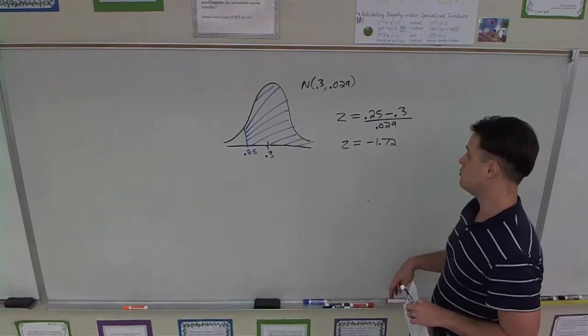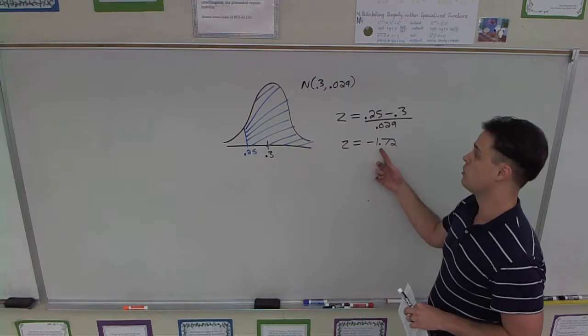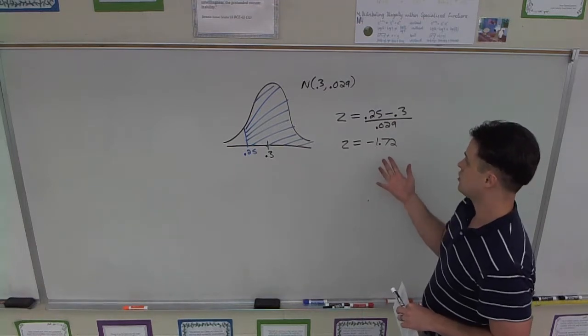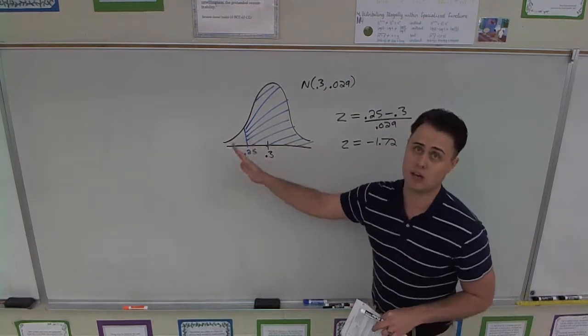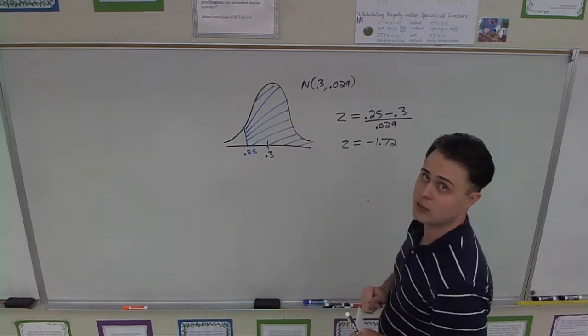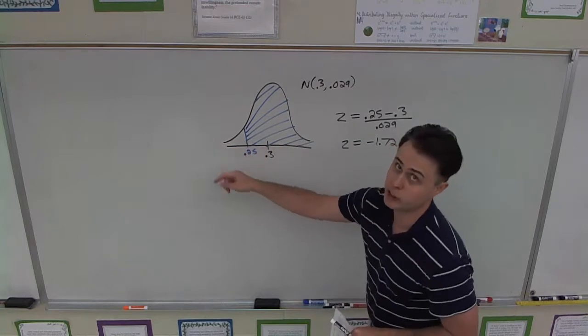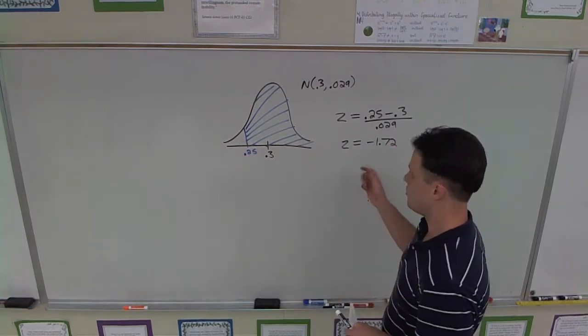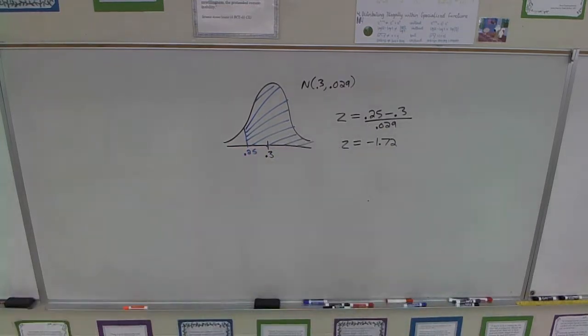So when we go to our table of z values, we can figure out the probability that something is beneath that, because remember, the z table is always going to provide us the number underneath. It's always below. So I'm going to go to my z table. Just give me a moment.